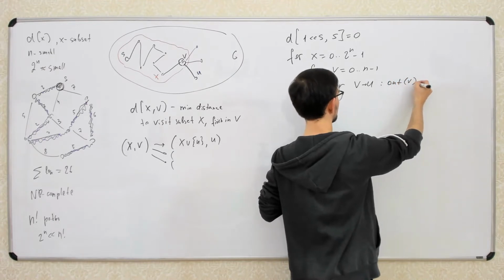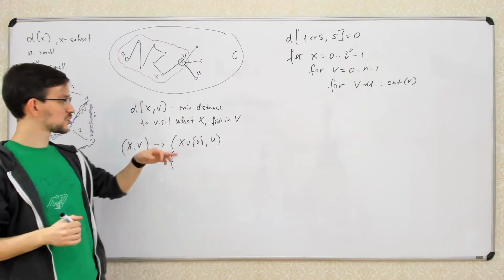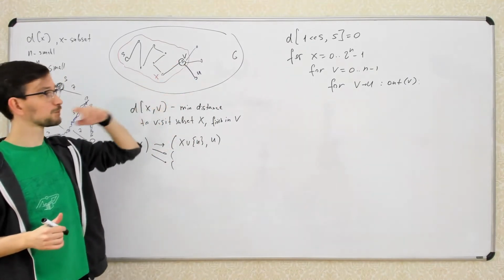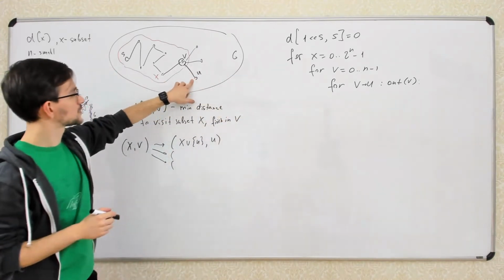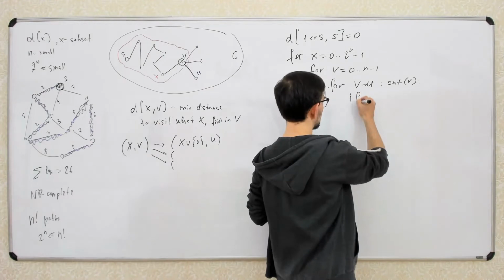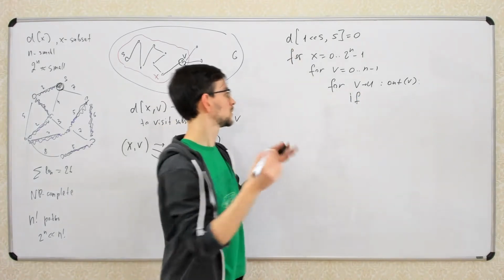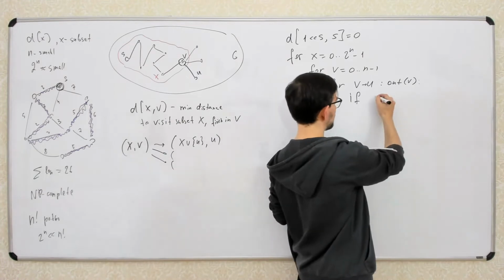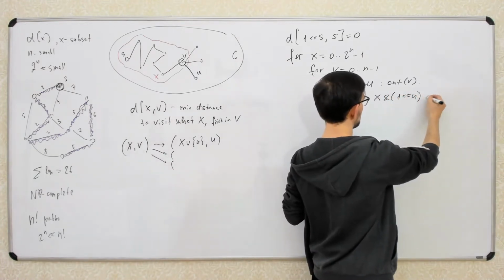Out at V is the set of all edges going from vertex V. And here we need to check if this vertex U is outside of set X. How to check if vertex U is outside of X? Maybe like this. Let's say X and 1 shifted by U equals 0.